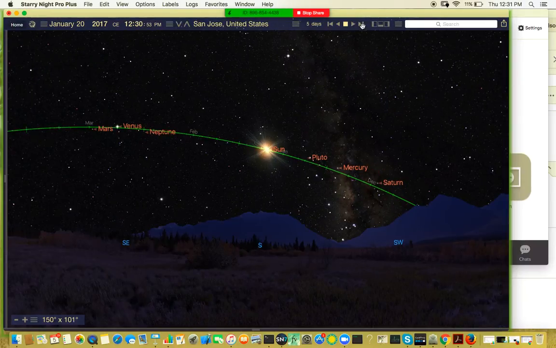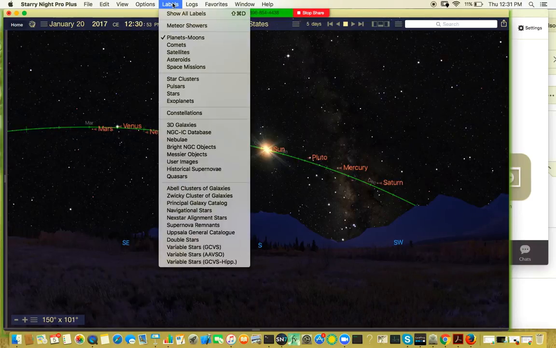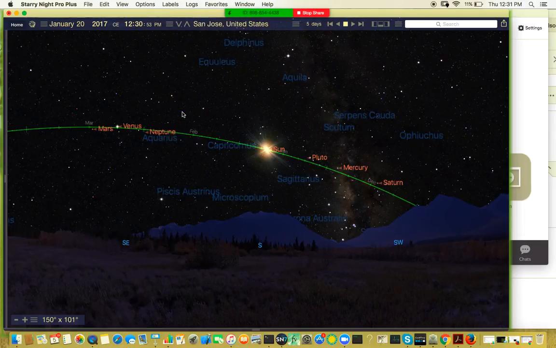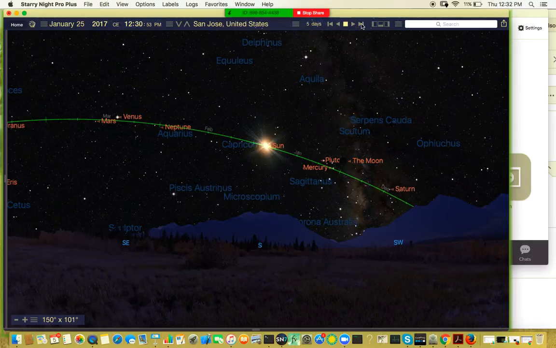So see what's happening. Look at the stars first. Let me give some labels for some constellations. Okay, so now we have Sagittarius, we have Aquarius, Capricornus. So the Sun is in Capricornus, and let me go 5 days at a time.